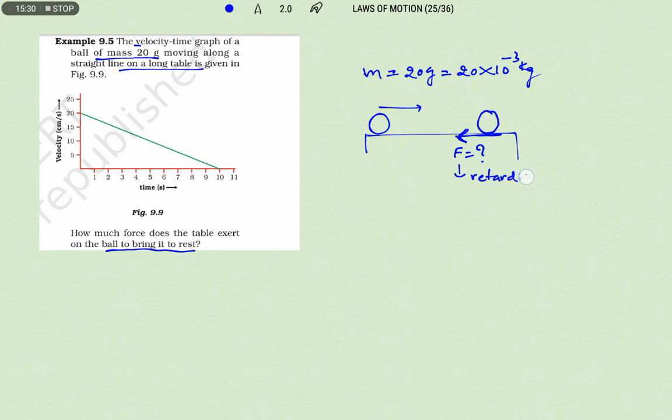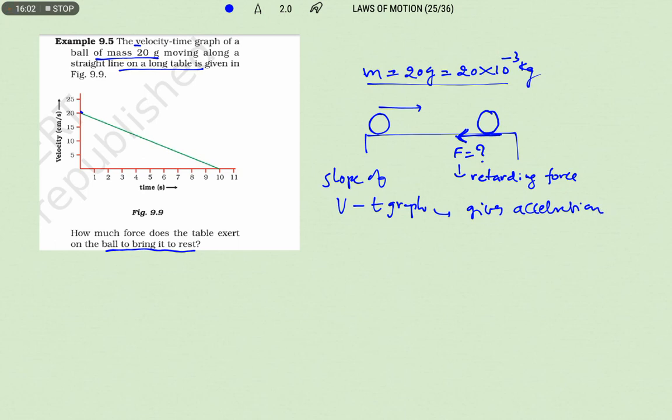That means the acceleration should be negative and the velocity should be reducing. But there is no information in numerical form, directly they gave it in graphical form. So a velocity time graph, v-t graph, is given. The slope of the v-t graph gives acceleration.